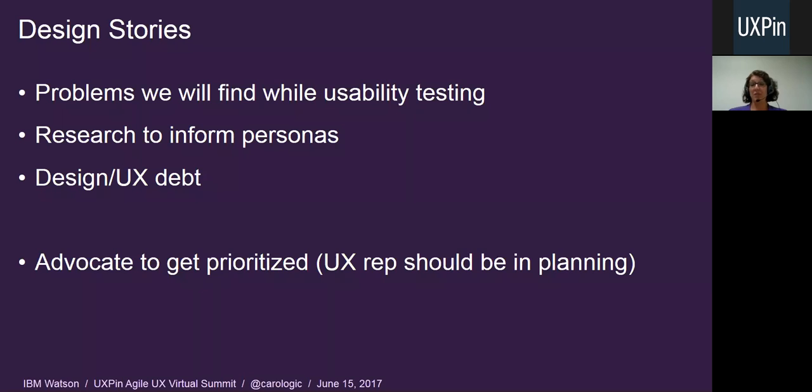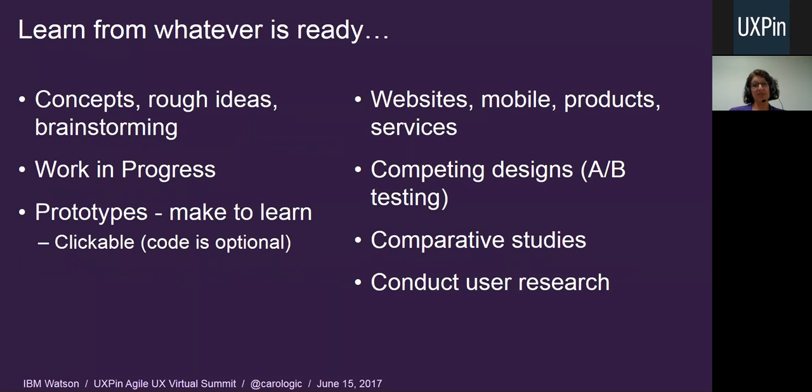Someone who's involved in the planning meetings. It may be that you just have the person who is doing that planning work be aware of which stories are really important to your team, and maybe make them a list before those planning sessions if you can't be there in person, or ideally you're part of that team. And again, I already talked about this, but learn from whatever you have, whatever is ready, take that work and bring it into these sessions.